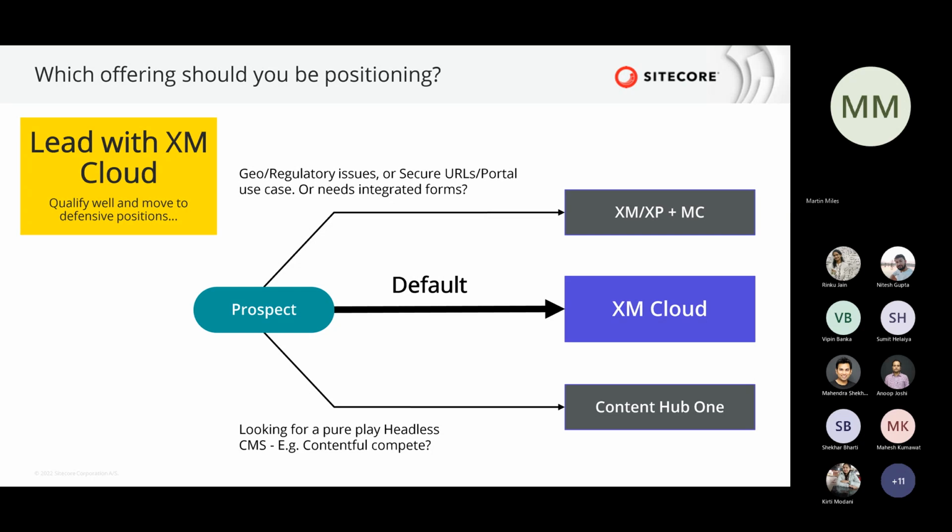And only if your solution is limited in some way, for example, if you have login functionality as I described, or if you need to use forms, or if you are under some sort of compliance with geo-regulatory issues where you have to comply with a content residency policy, in that case you may still use XM and XP platforms. You can use managed cloud, or you can host them on your own as we did before PaaS. So the option remains with you, but the default way will now be XM Cloud.